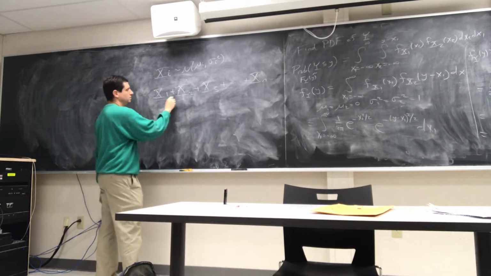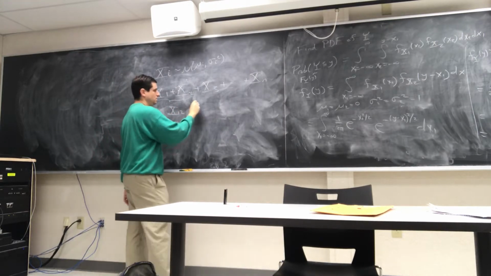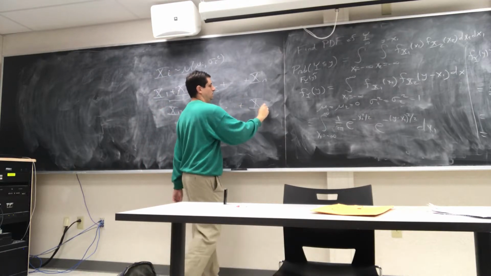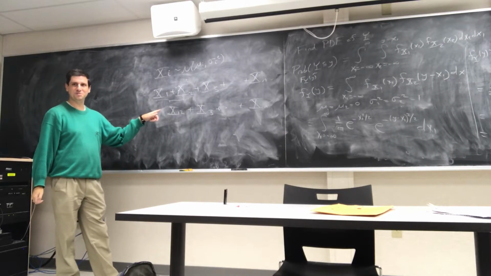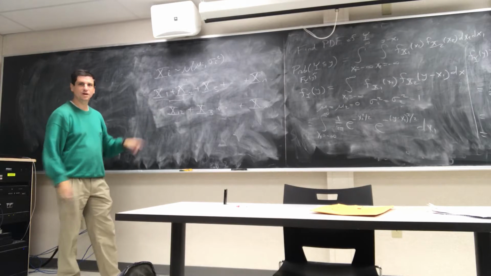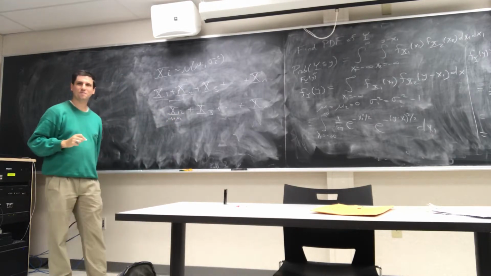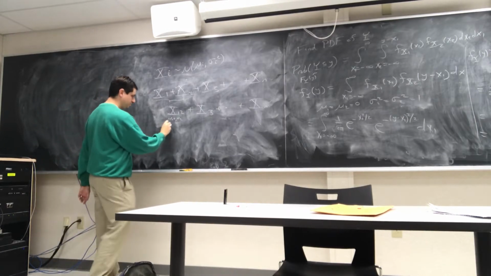The first thing is we can add these and get x1,2 plus x3. And for x1,2, it's going to be normal. What's its mean? mu1 plus mu2. And what's its variance? Sigma 1 squared plus sigma 2 squared.